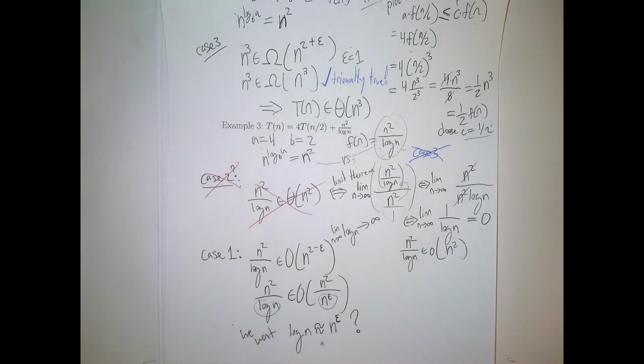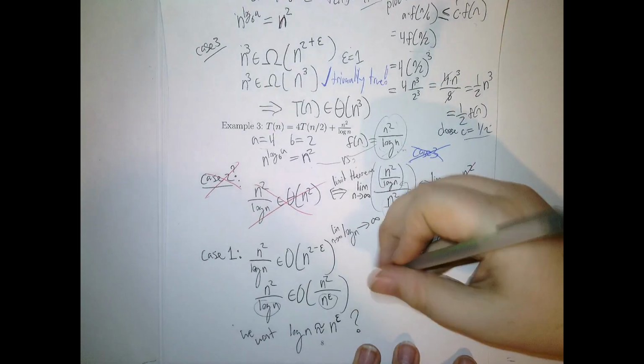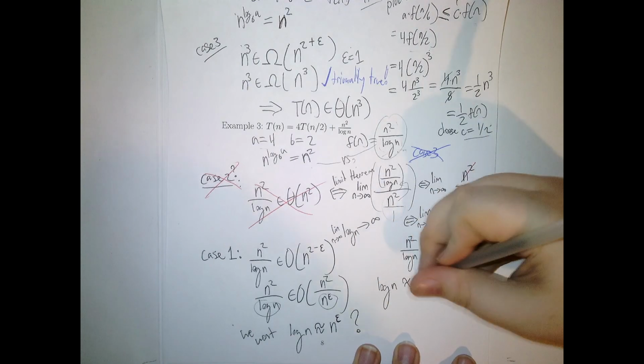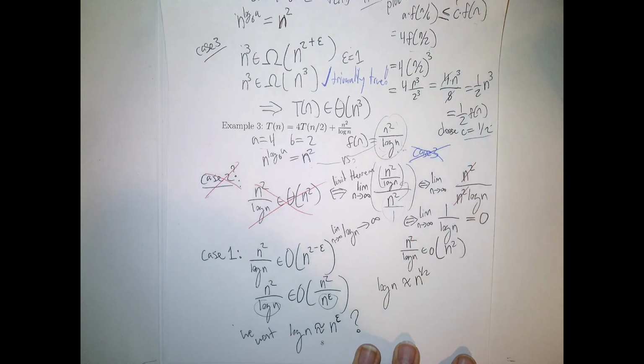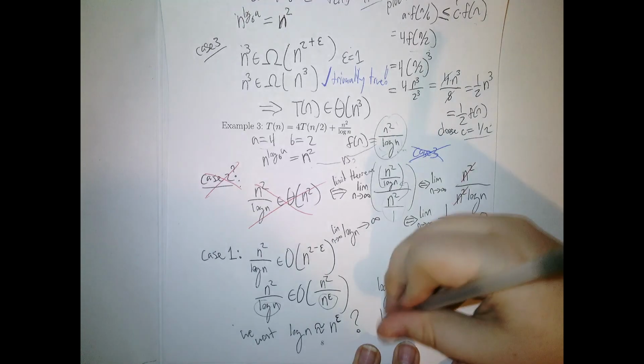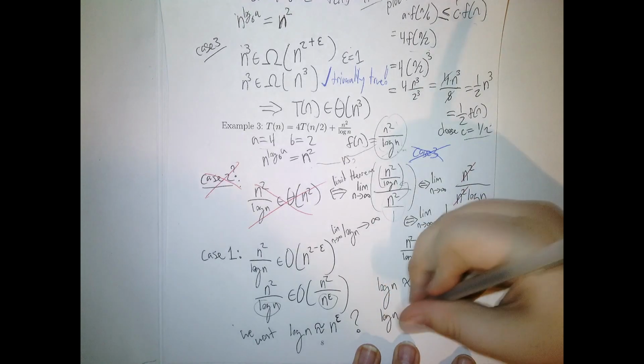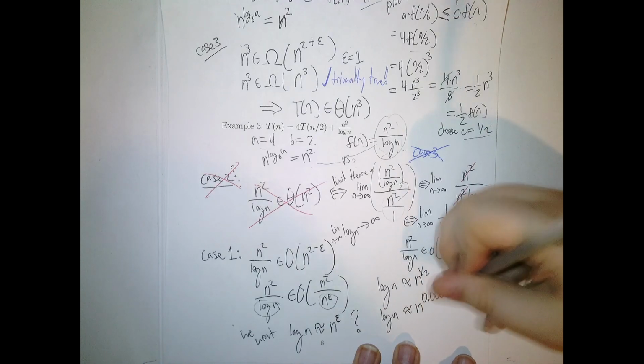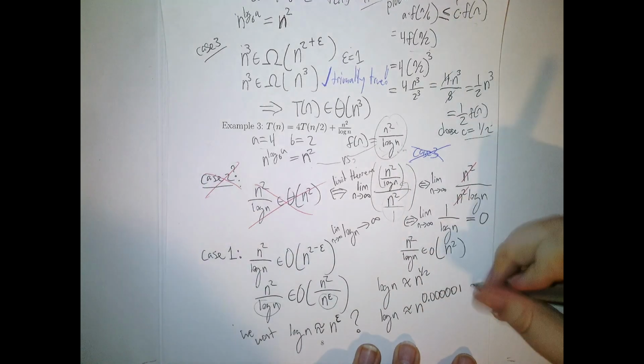Well, now you ask yourself, is this true? What's log n? We can choose epsilon equal to fractions. So you might ask, is log n around n to the 1/2? Or maybe we could make it even smaller. Is log n around n to the 0.0001, right?